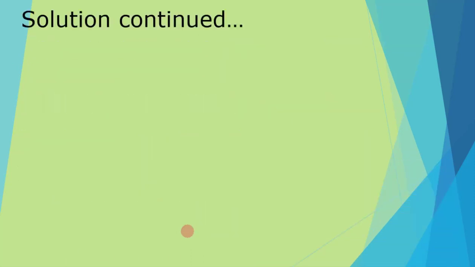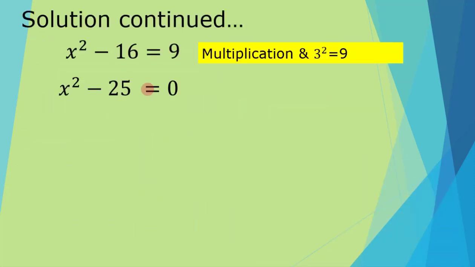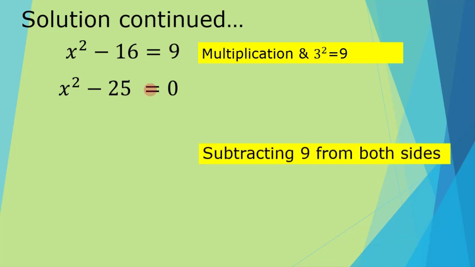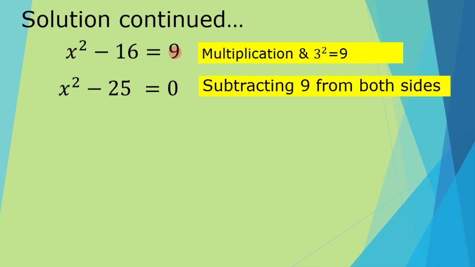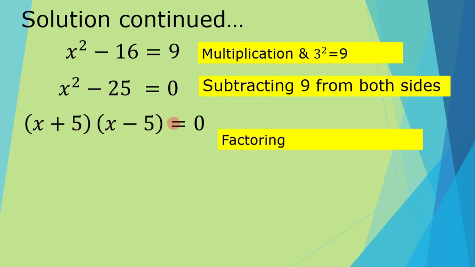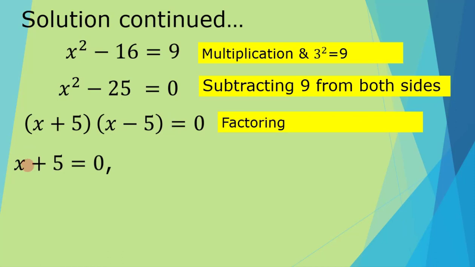Simplifying further, we have x squared minus 25 equals 0. Why do we have 25? We subtract 9 from both sides to make it 0. And then we know that this is a difference of two perfect squares. So the factors are x plus 5 and x minus 5. Equate that to 0. That's by factoring.